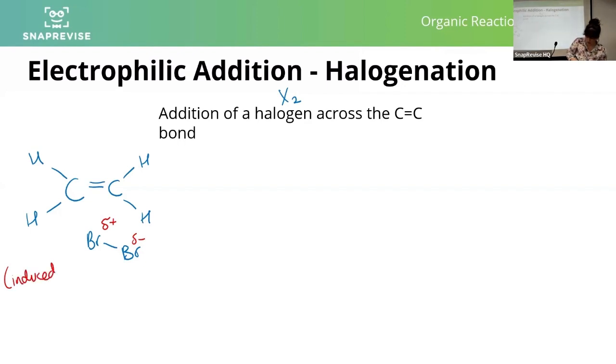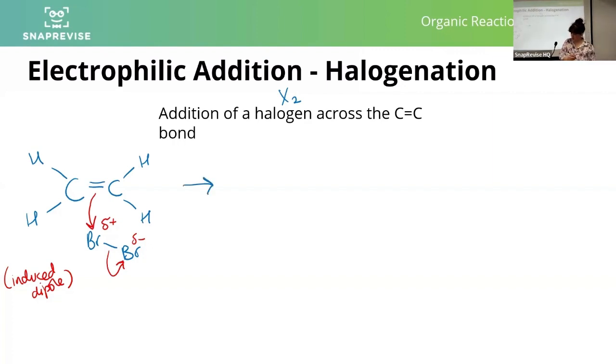Induced dipole. Hopefully I haven't got in the way of myself in a second. Now, how we're thinking about how these two things are interacting. We've now got a charge and we've got an area of high electron density. So the electrons are going to be attracted to the positive thing, and that's going to cause the electrons in that bond to move across to belong solely to the single bromine.